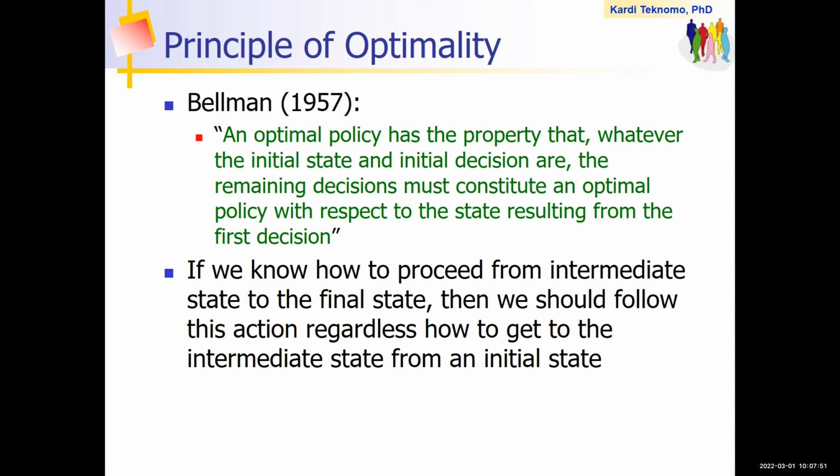That is the quote. So that means if we know how to proceed from an intermediate state to the final state, then we should follow this action regardless of how we get to the intermediate state from the initial state.